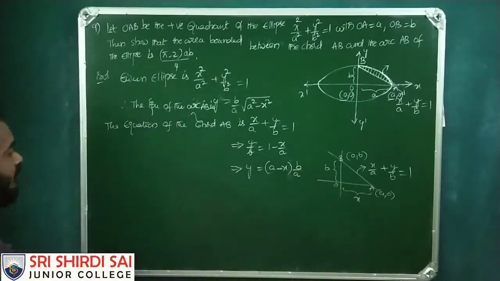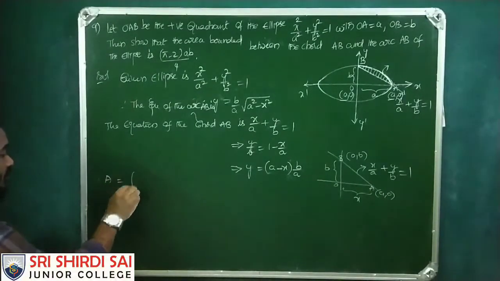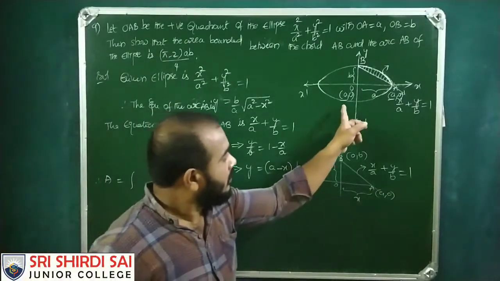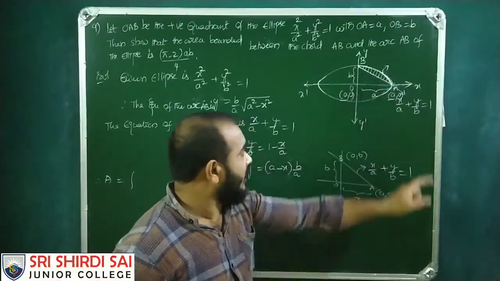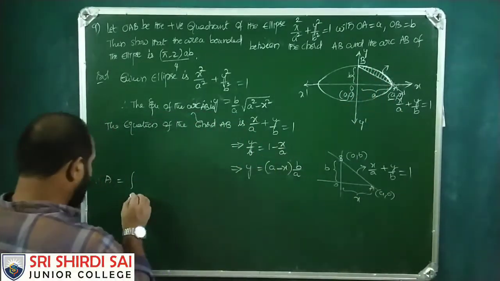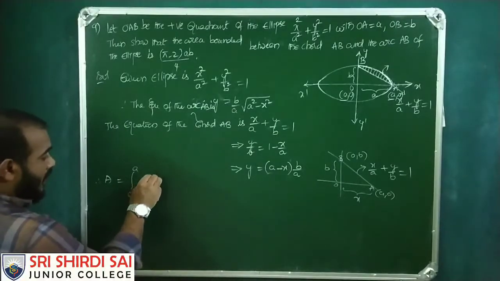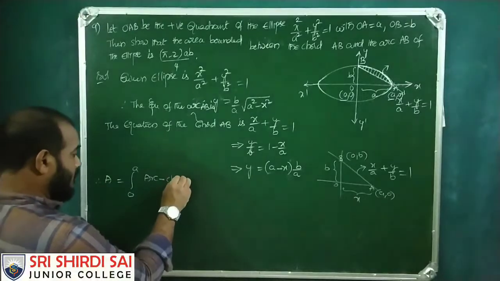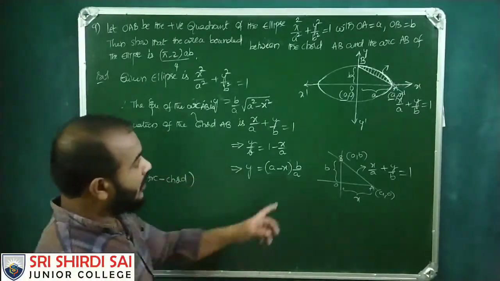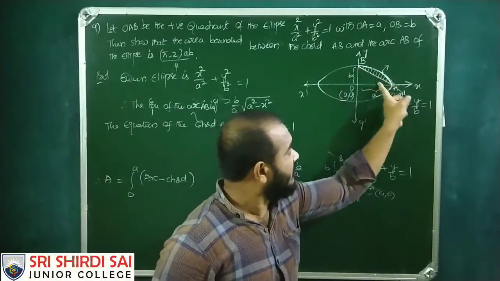Okay, now therefore the area of the region bounded by the chord and the arc is the integral from 0 to a of arc minus chord dx, because here the arc is the dominating curve and the chord is the lower curve.